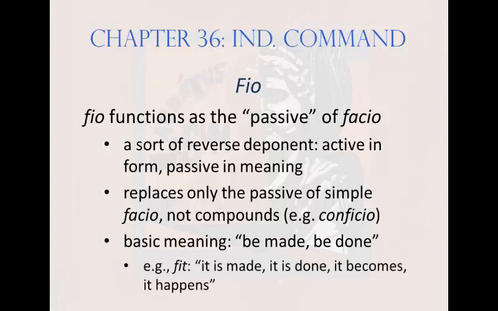Fit, for instance, its present third-person singular must mean "it is made" or "it is done." Besides that passive sense, fit also connoted to Romans "it becomes, it happens," which only makes sense. If a thing is done, it's happened, it's come into being.